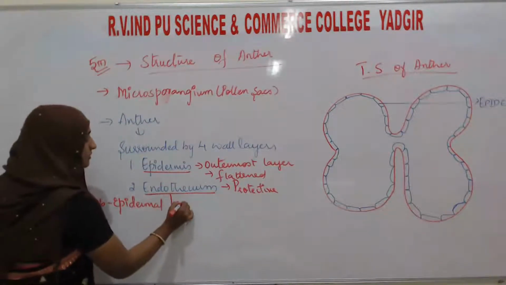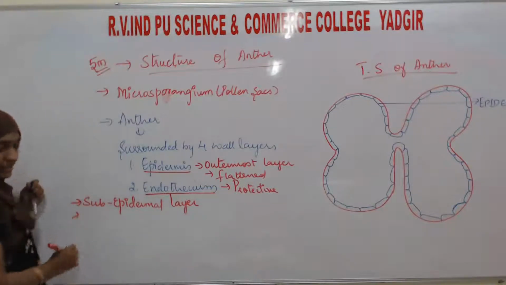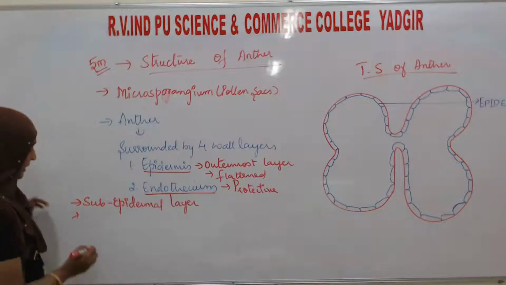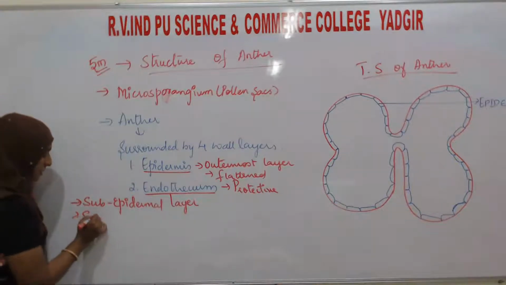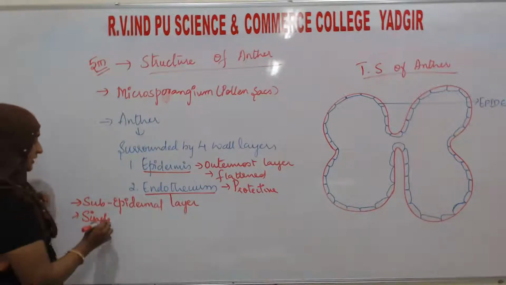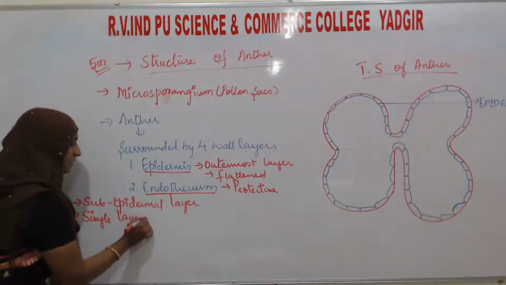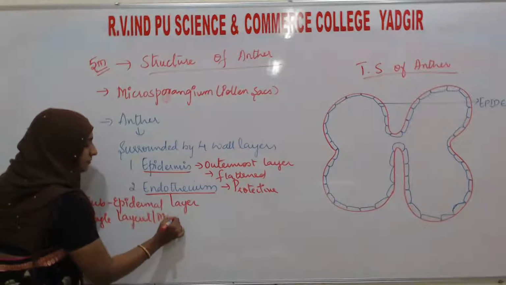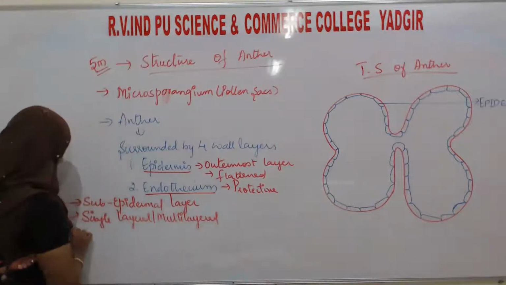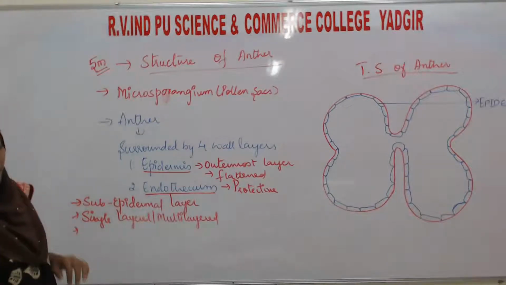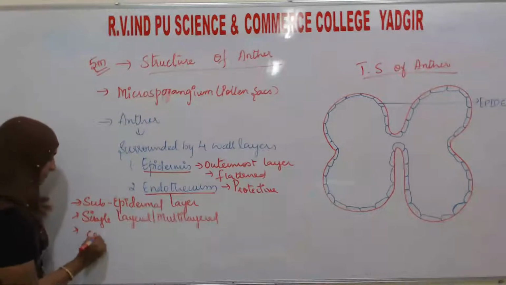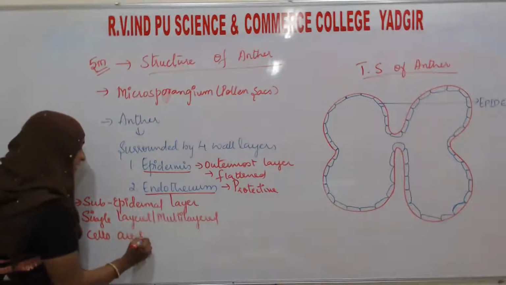It is a sub-epidermal layer of anther, which in some plant varieties will be single layer or multi-layer. That means many layers in some plants, and in some anthers it will be single layered. Here the cells are radially arranged.